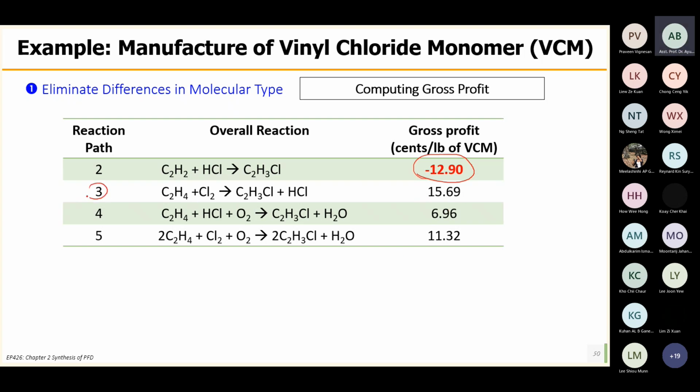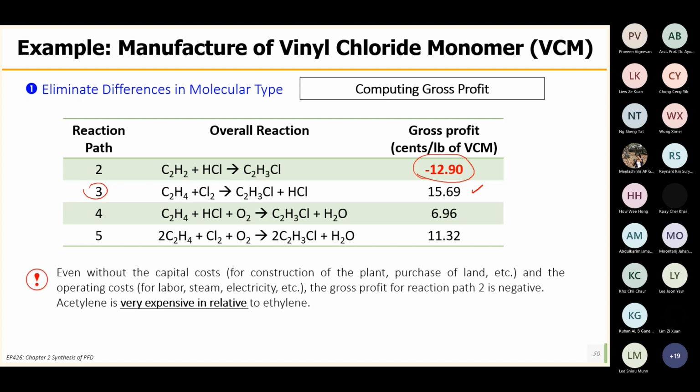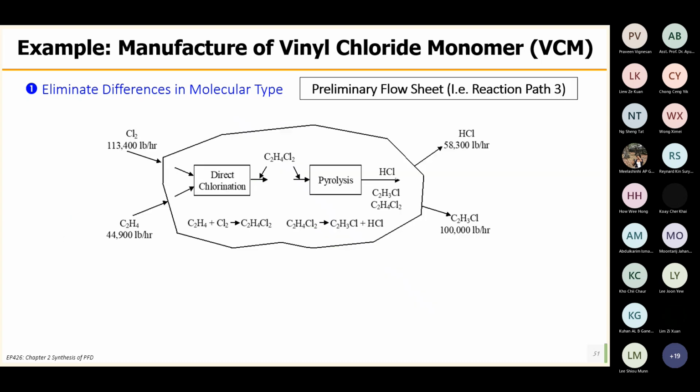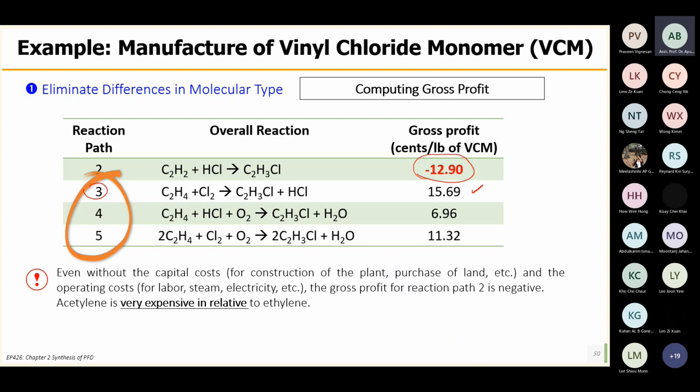So pathway 3 looks like the most profit. Okay, so now we choose pathway 3, this reaction.